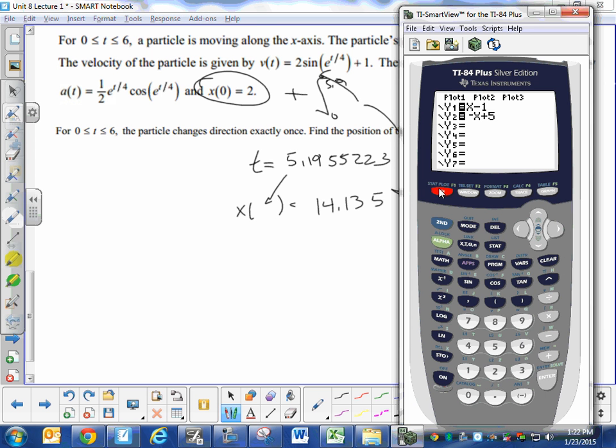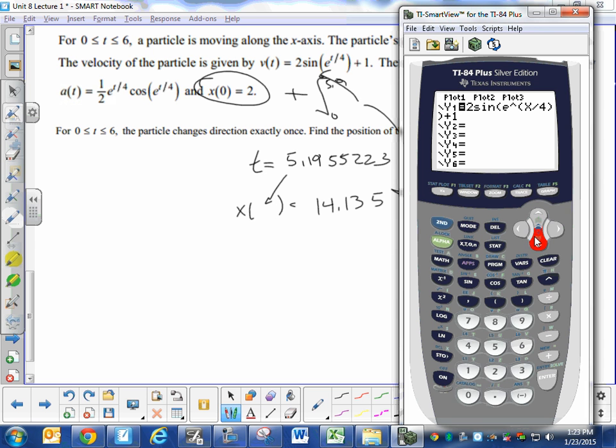So, to figure out when velocity is changing directions, graph your velocity. Make sure you plug it in correctly. And then you want to probably adjust your window to be from 0 to 6 just to make things easier, because it says between 0 and 6 it does once.